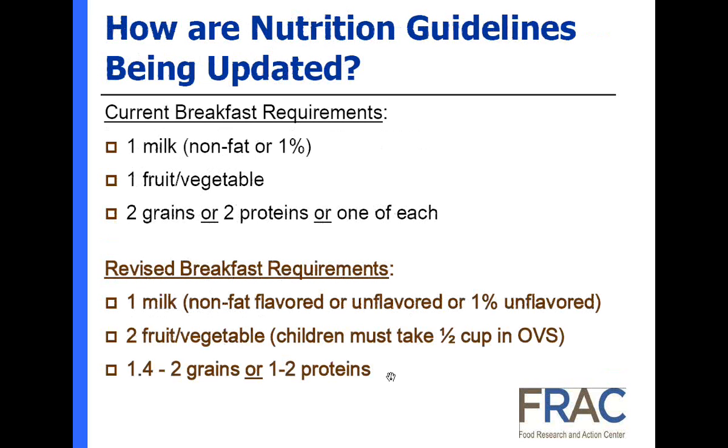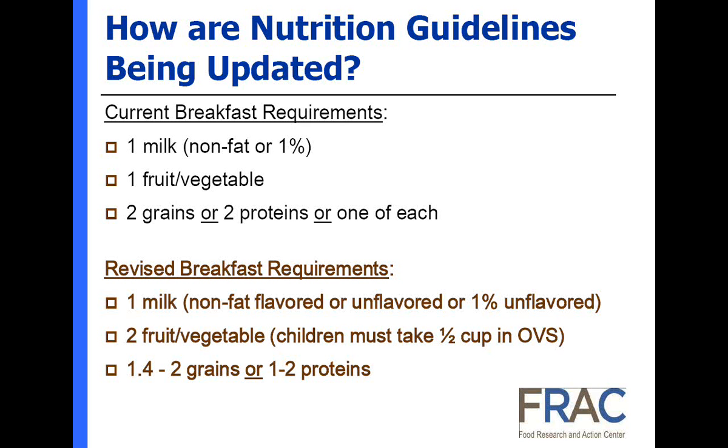Starting in this coming school year, the part of the breakfast requirement that's going to go into effect is the first bullet, that children can only be served non-fat flavored or unflavored milk or 1% unflavored milk. Those are the only two types of milk that are allowed to be served in the National School Breakfast Program.